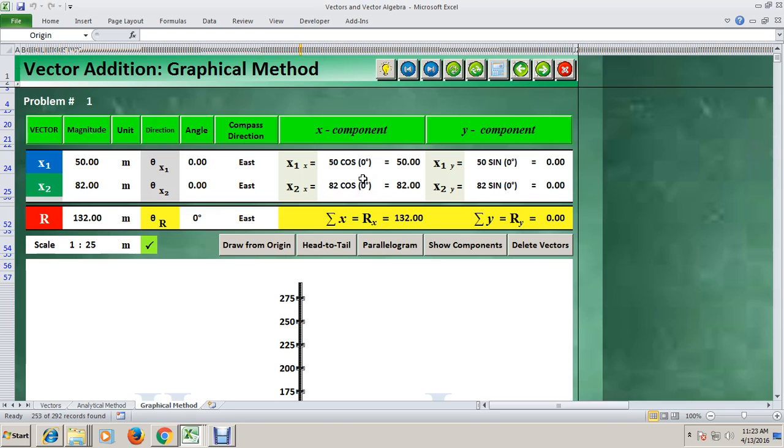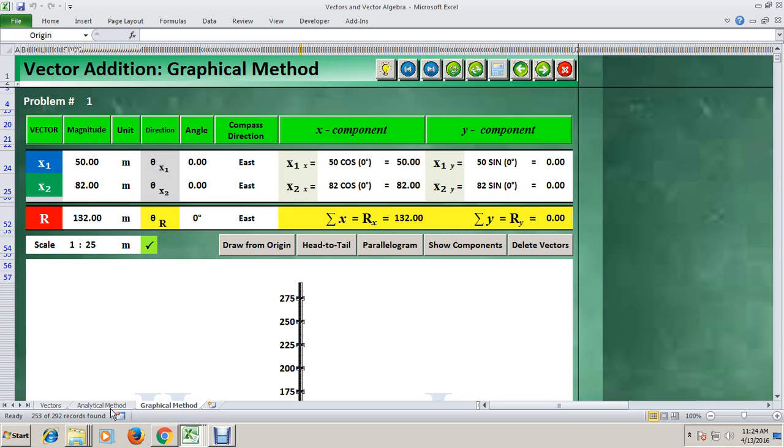Sometimes we employ sine to compute for the component along the x, especially when the angle is measured from y instead of x. So when the angle is measured from y, what happens to cosine and sine is that they reverse in position. Later on, we will be having examples for that.